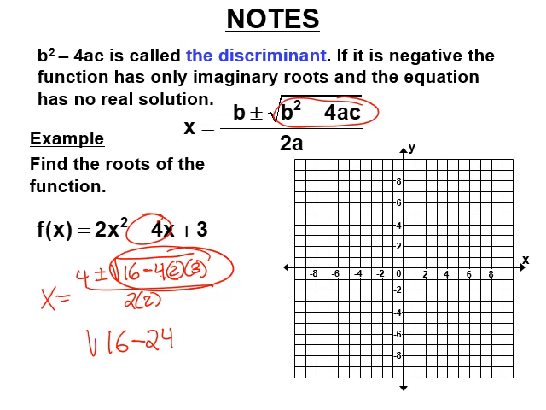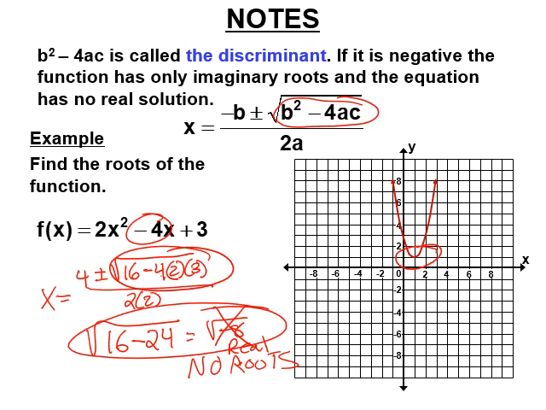It's 16 minus 24 in there, which is the square root of negative 8, which is imaginary, and that means this has no roots. All right, it has imaginary roots, but we're going to say no real roots. It doesn't cross the x-axis. So you can stop once you know that is negative.